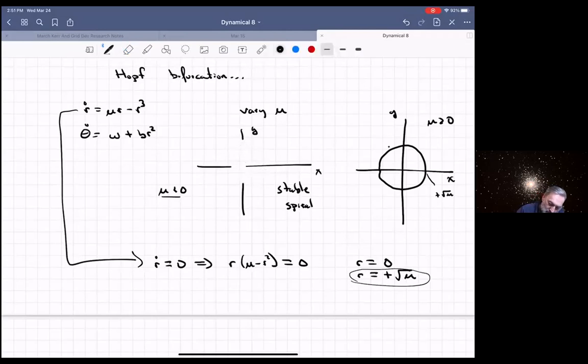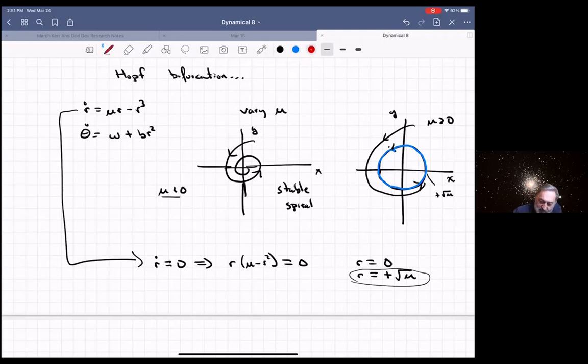I need to draw my spiral coming around this way, because this is going around that way. And what's happened is the outside comes down, but it gets stuck on the limit cycle at root mu.